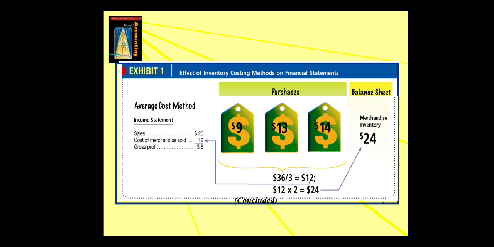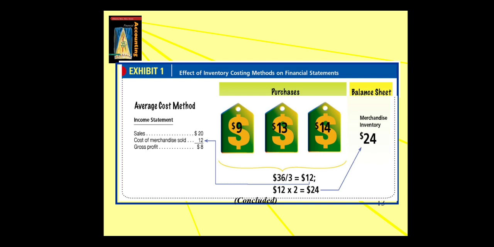So how to calculate the cost of goods sold? According to this method, you have to calculate the average value of inventory during the month. In this example, the total is $9 plus $13 plus $14, so it is $36. And then you have to divide the number by the total quantity purchased during the month, which is 3. So $36 divided by 3 equals an average cost of $12 per unit.